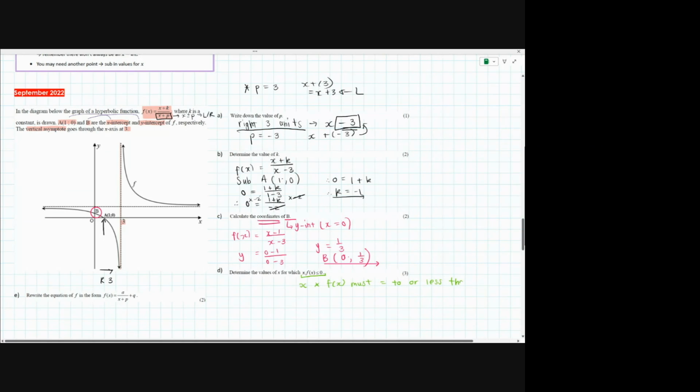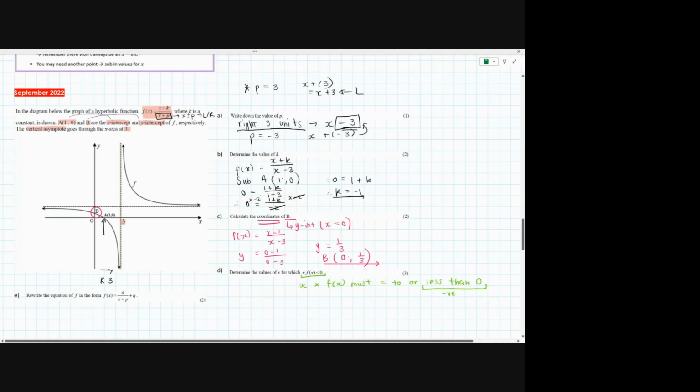Now, if a value is less than 0, what is its sign? Is it positive or negative? Okay, so this means it's actually negative.